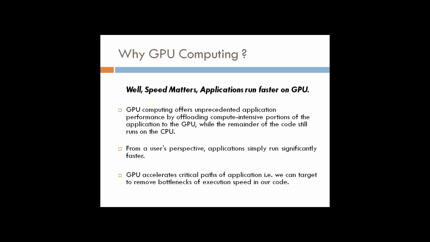There are a number of cores available on the GPU. In the CPU, there are only a few cores. Maybe in a quad core, there are 4 cores, in a dual core, 2 cores. And in the GPU, there are thousands of cores. So we can make our code parallel, right?